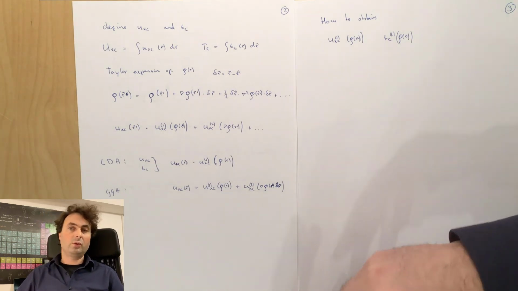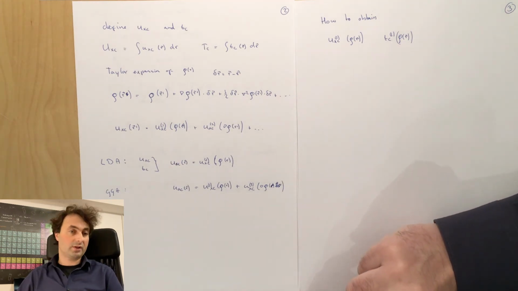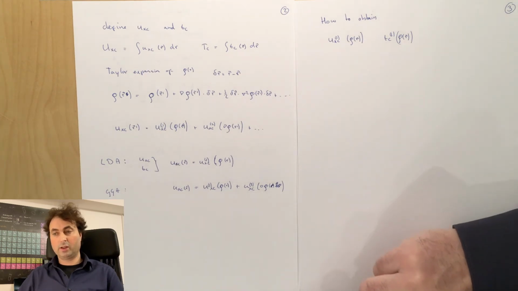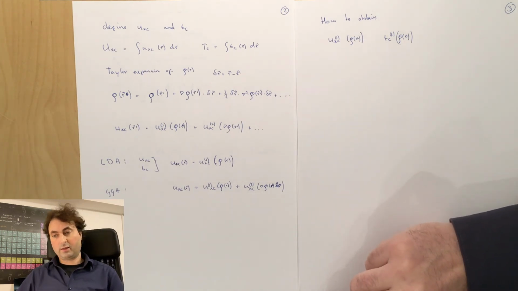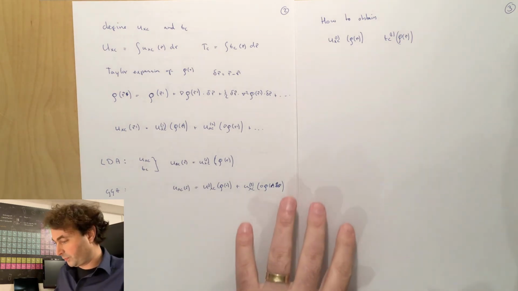Now, of course, you do not have to take the homogeneous electron gas as a model system. You can also look at atoms or lattice models as your model systems, and that allows you to define different functionals.